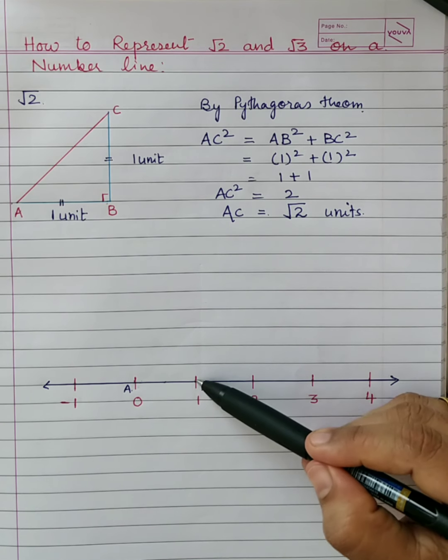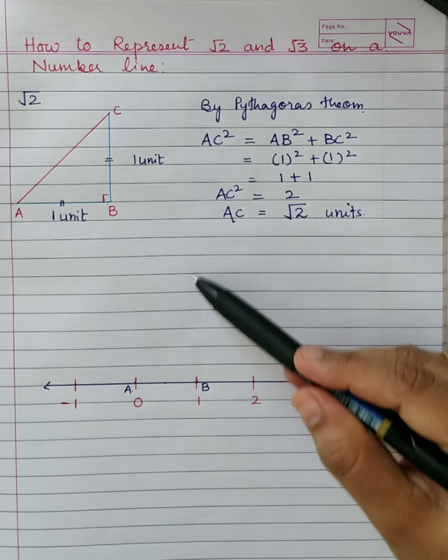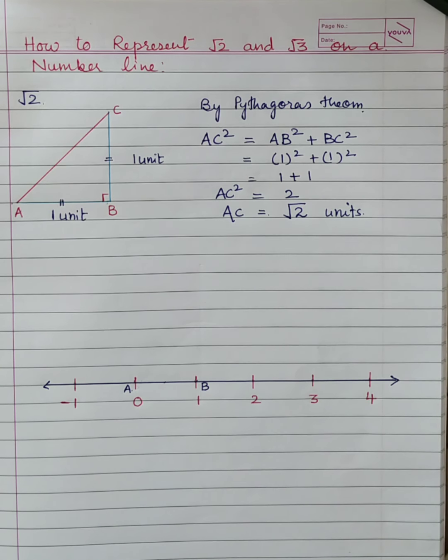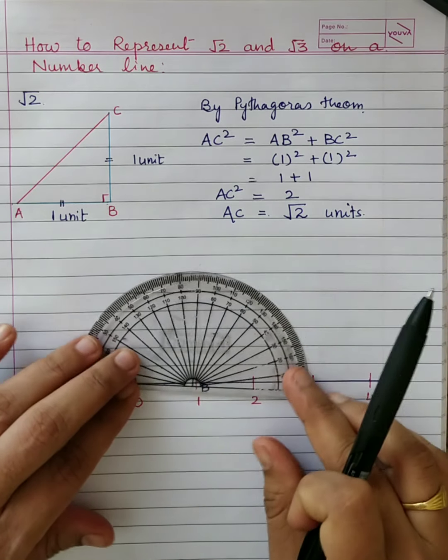Now at B, you want a perpendicular to be drawn. You can construct it or you can use the protractor as well. I am using the protractor here.